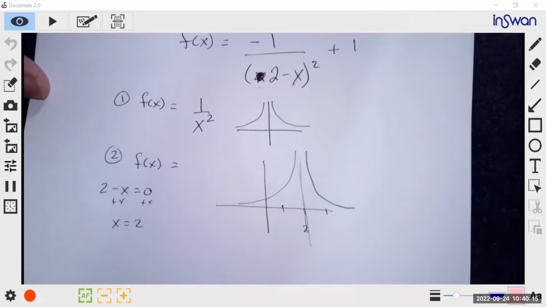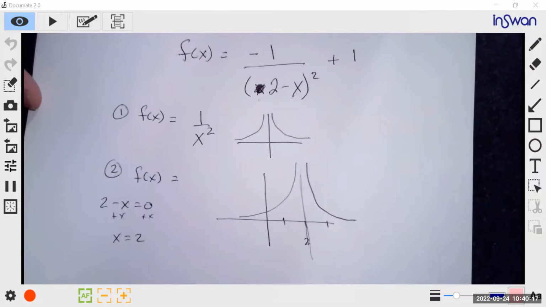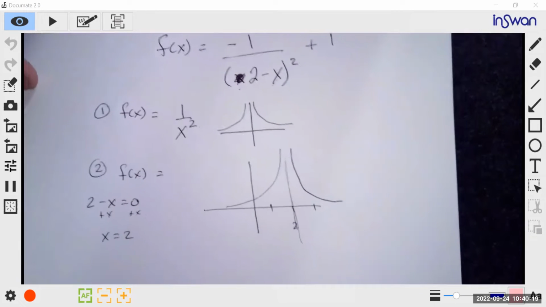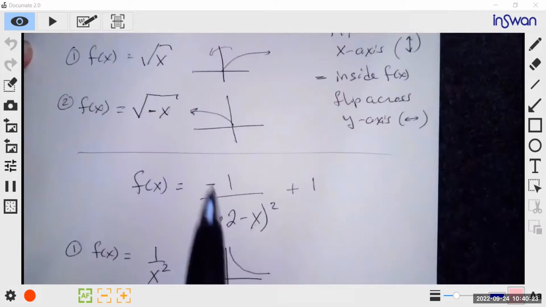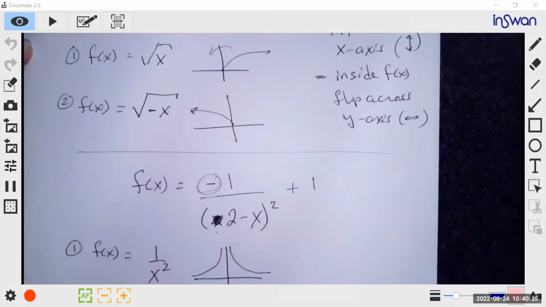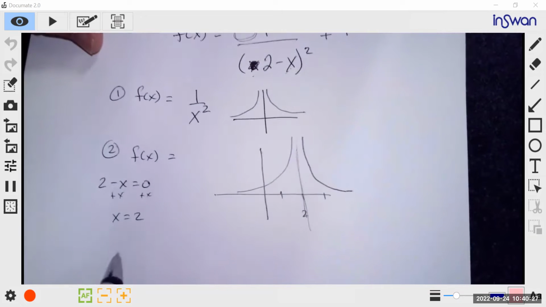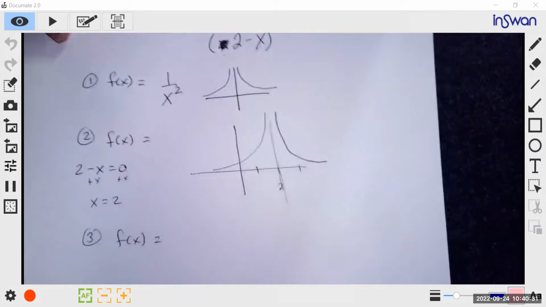What's the next shift I have to do? The +1 on the y-axis. Nope. What about the numerator? The numerator has a negative, -1. And what does that tell me to do?